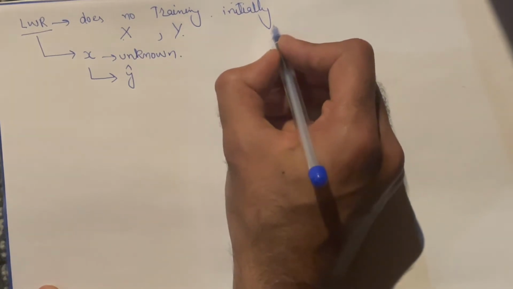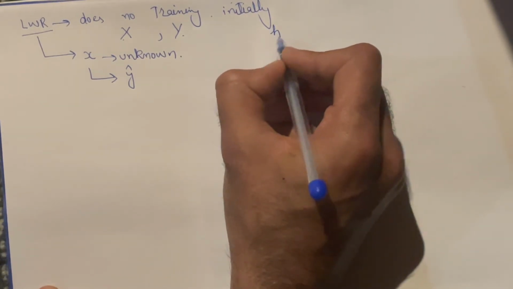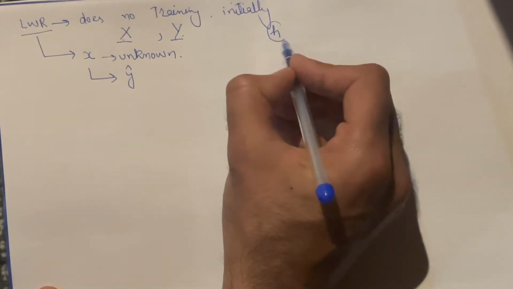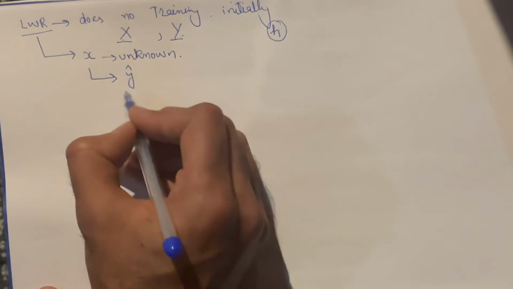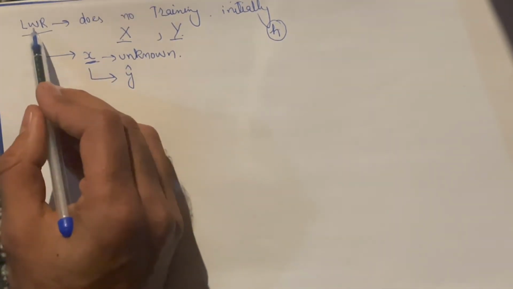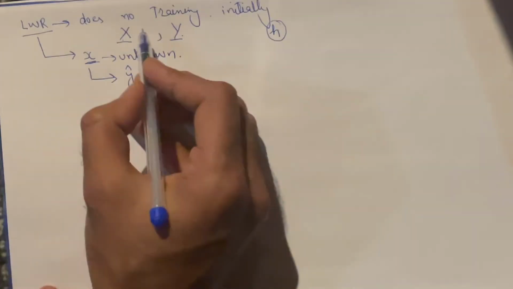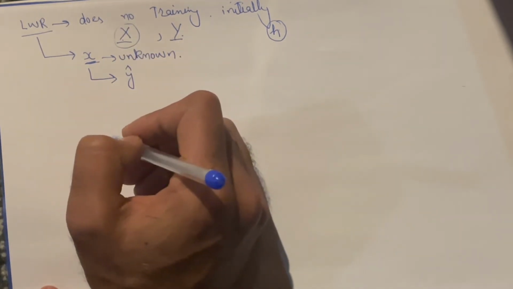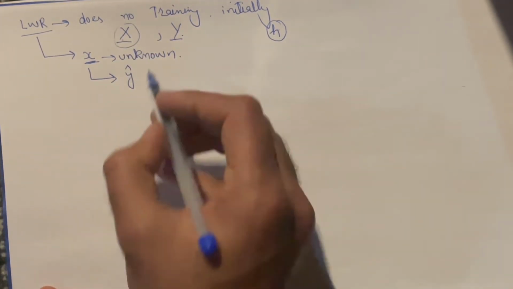What linear regression does, what the other model is doing, is first finding a hypothesis function by mapping x and y, the actual input and output. Then it uses the hypothesis function to find an output for an unknown input. But what locally weighted linear regression does is modify this x. What is the meaning of modifying x?